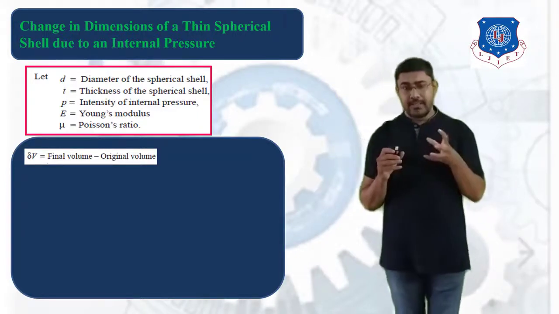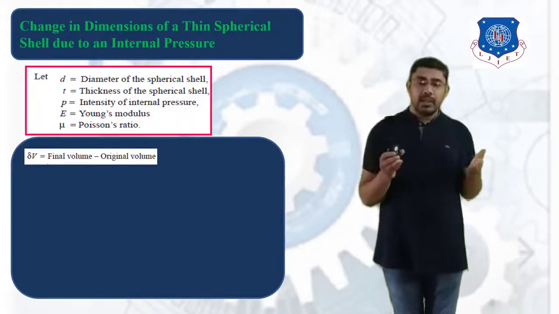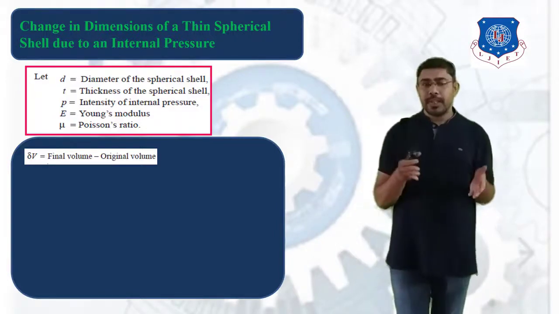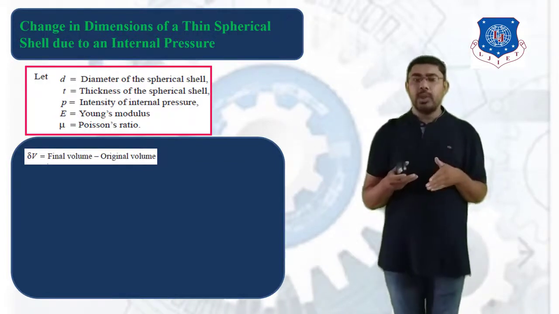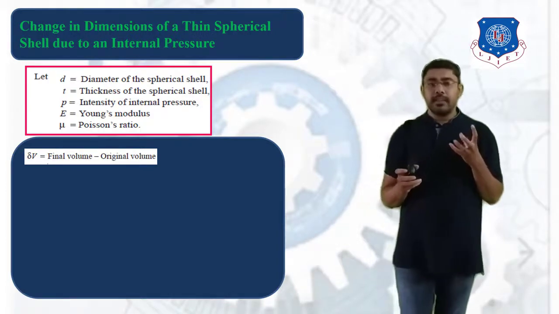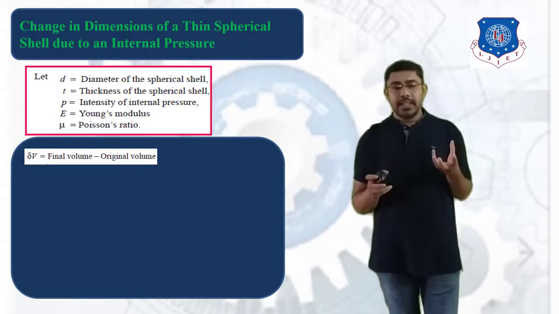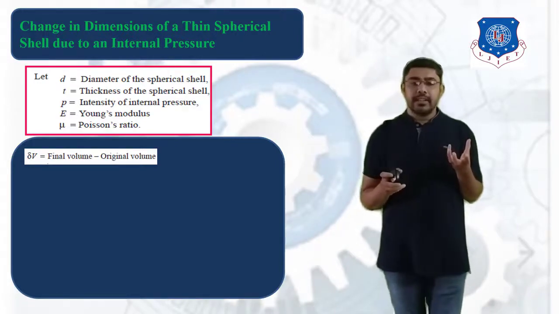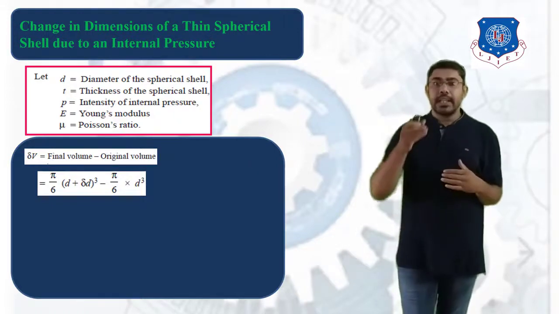As the pressure vessel is subjected to internal pressure, there may be a change in volume of the spherical pressure vessel. So delta V is final volume minus original volume. And here the pressure vessel is a spherical shell. The volume of a spherical shell is equal to pi by 6 d cube.